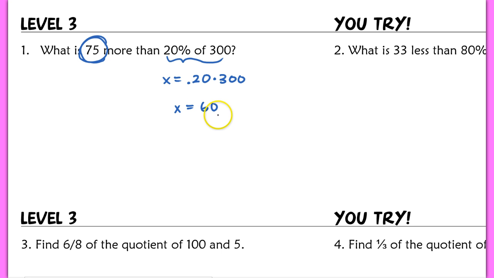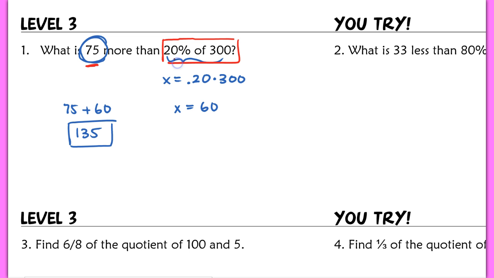So 75 more than that number is going to be 75 plus the 60 to give me a total of 135. So my total here is 135 because I want to take into account that I'm adding 75 more to this number, 20% of 300.